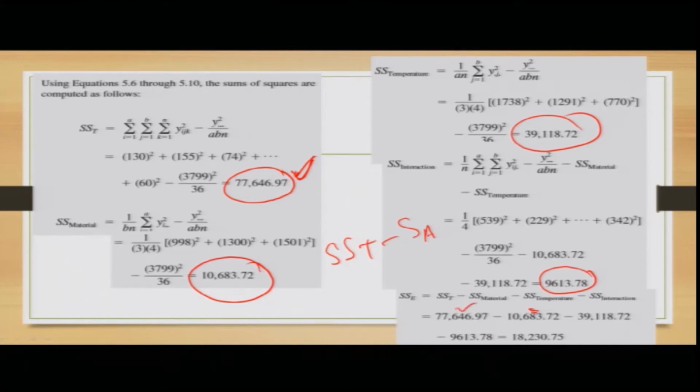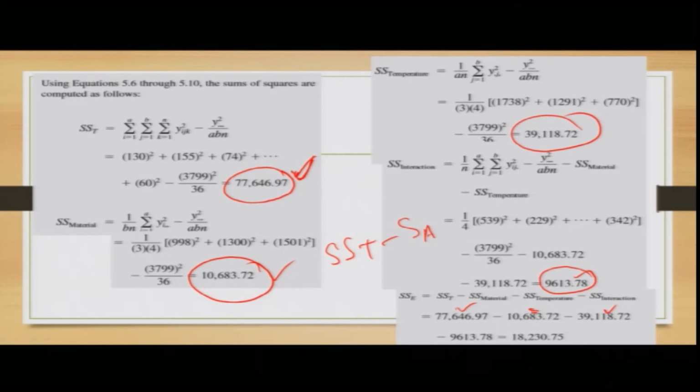The 77,646 is here, which is the total sum. 10,683.72 is for factor A. 39,118.72 is for factor B. And the value of the combination is 9,613.78, which is for A and B combined together.